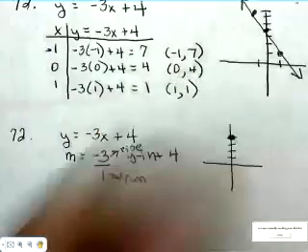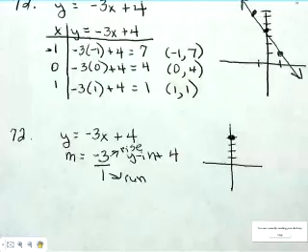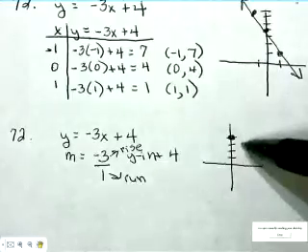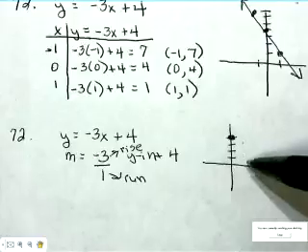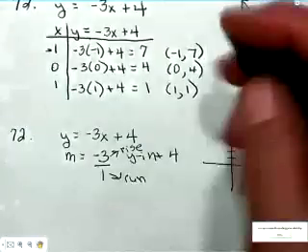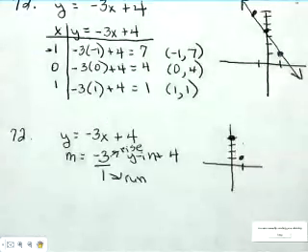So in this case, the rise is -3 and the run is 1. What do you think we should do with a negative rise? Yeah, go down. Start at this y-intercept we plotted and go down 3 and then run 1. That's run +1, so I assume I'm supposed to go to the right.